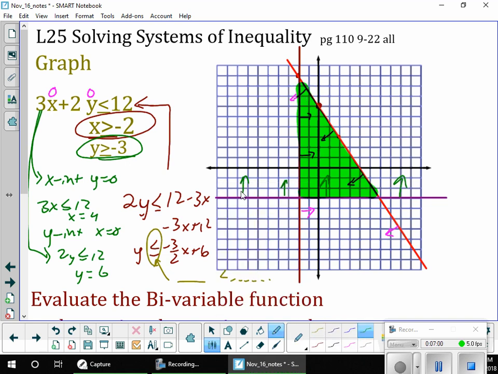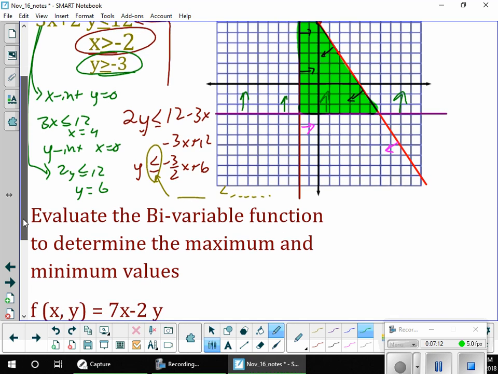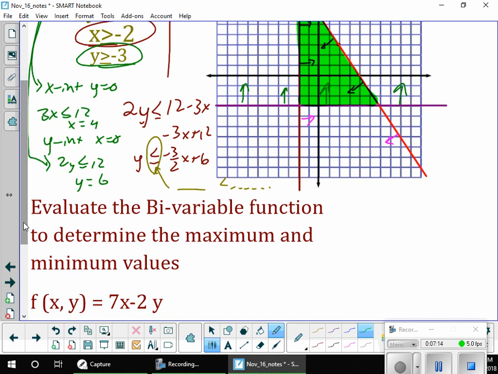Now, typically what we do is evaluate a bivariable function, which means I need points to put into it. Bivariable meaning it's going to have an x and a y that go into it to get us a value. Bivariable functions determine the max and min.